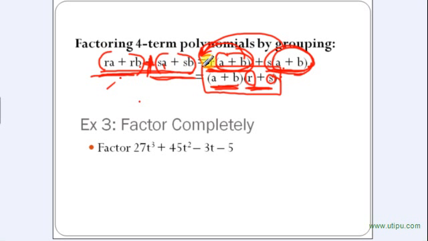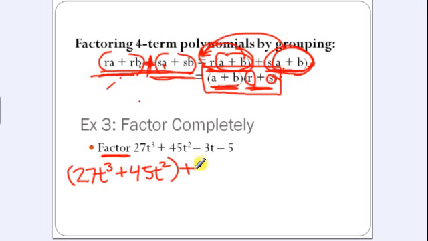Now let's look at a more specific example. If my goal is to factor this 4-term polynomial, once again, the first thing I'm going to do is break it into groups. I'm going to put the first 2 terms together, a plus sign, followed by the second 2 terms.